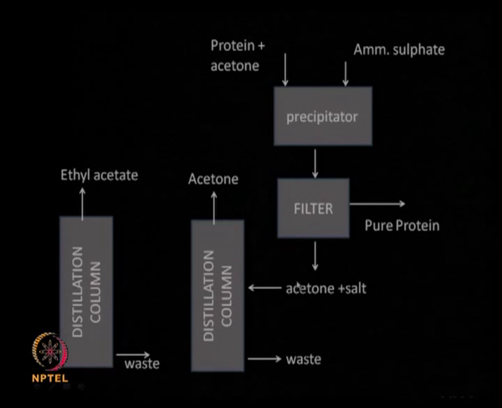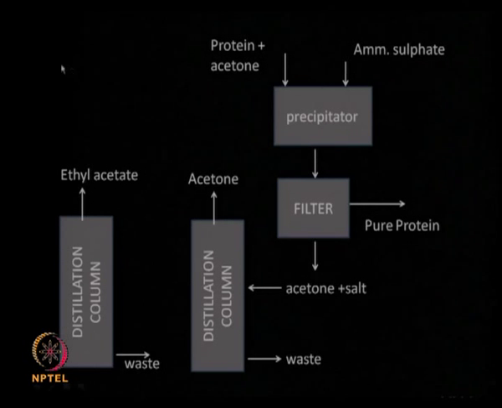So if I want to purify the solvent, I may have to go for a distillation column, correct. So in the distillation column, my solvent is a low boiler, so it will come at the top and all the waste will go here. So now I can take this solvent, again I can go into the extractor and again I can extract my protein from the mother liquor.